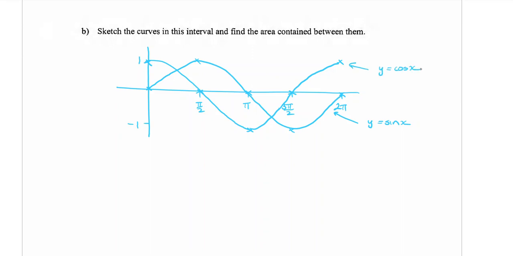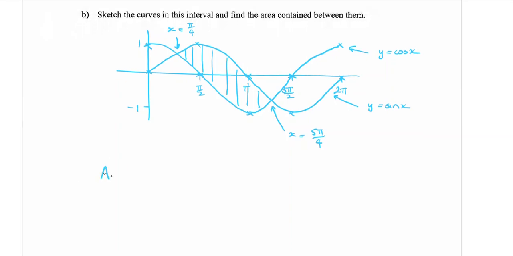Okay, so we found in part A that the point of intersection, this one here, would be at x equals pi over 4. This one down here would be at x equals 5 pi over 4. Because now I want to find the area between those two curves, this lovely part in here, which of course is going to be like the last one where I do the top curve minus the lower curve.